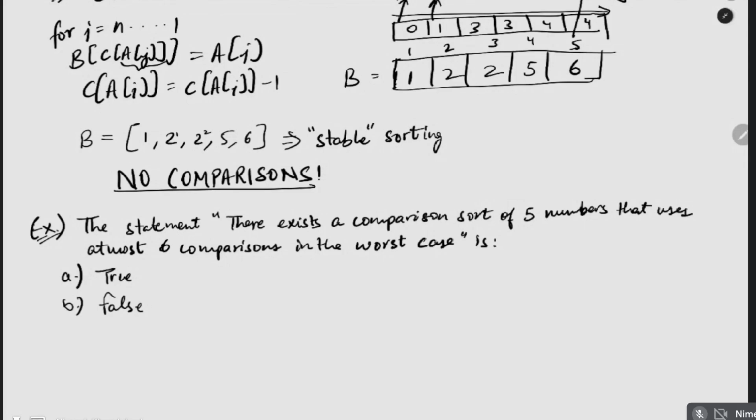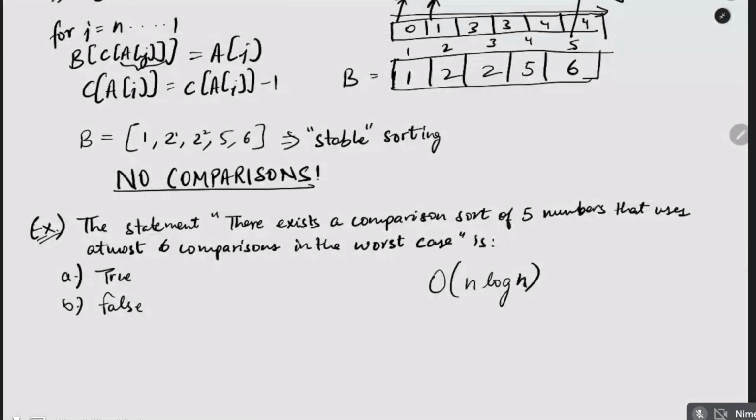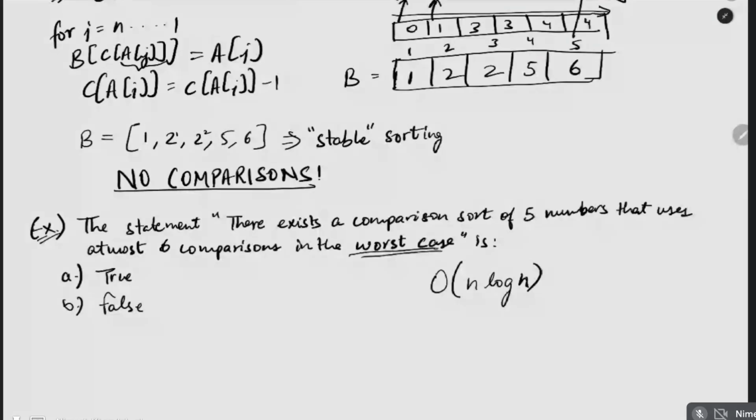So for comparison sort, we know that the runtime is basically n log n, right? But in this case, we are not concerned with the average or the best runtime. What we want is the worst case, right? And the worst case for comparison sort, for example, quick sort, is of the order of n squared.